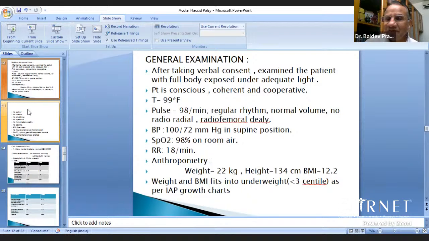Right. I think here simply we can say that 11 years old boy has presented the ascending type of this weakness or paresis from the lower limbs to trunk to the upper limbs without involvement of bladder and bowel or even the cranial nerves, and this progress is symmetrical without the fever.